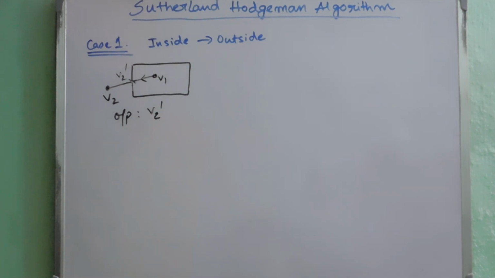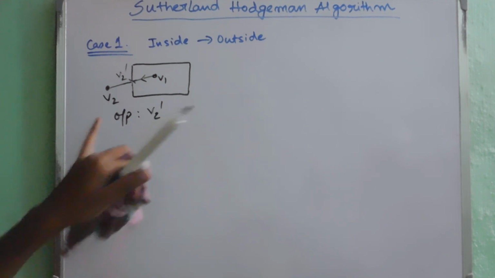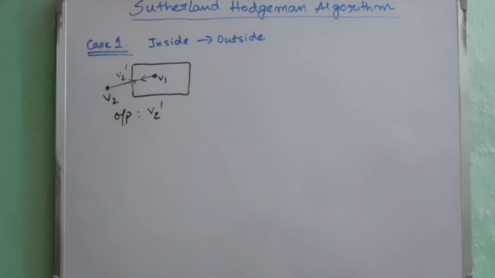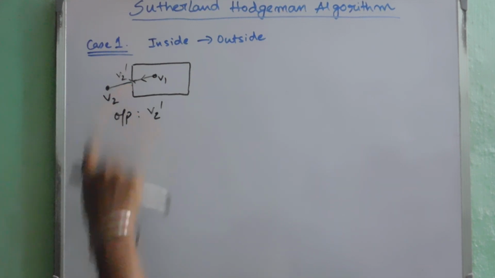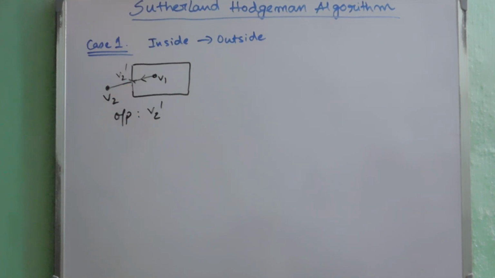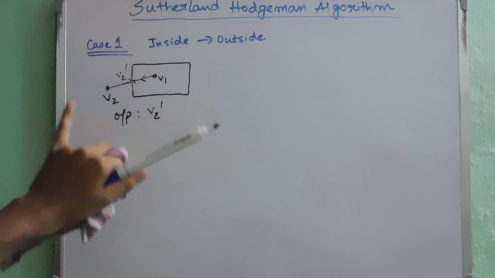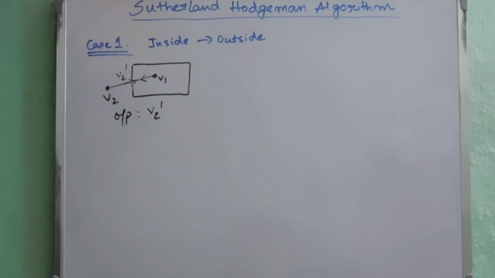If the edge is from inside to outside, then we will update the intersection point between the edge and the line as V2 dash, and then we will reject the line V2 dash V2. I will show you that in an example. Right now just keep the cases in mind, because that will help you in your numericals.